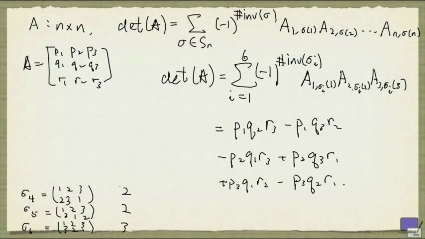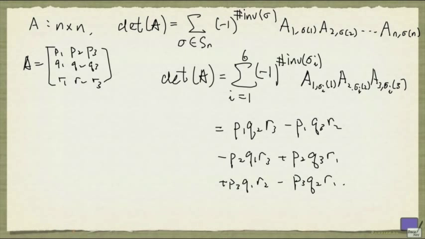But there's actually a neat way of remembering how to compute the determinant of a 3 by 3 matrix. What you do is as follows. You copy the first 2 columns and put them to the right of the matrix. Now you go down this diagonal and take the product of the entries on this diagonal. So you get P1 times Q2 times R3, then the second one will be P2 times Q3 times R1, and the third one will be P3 times Q1 times R2.